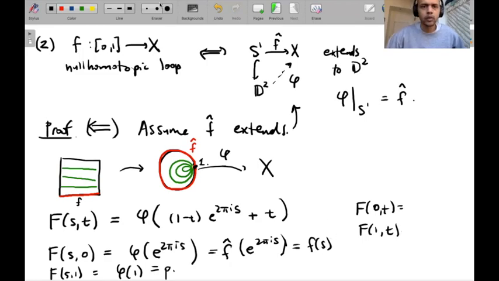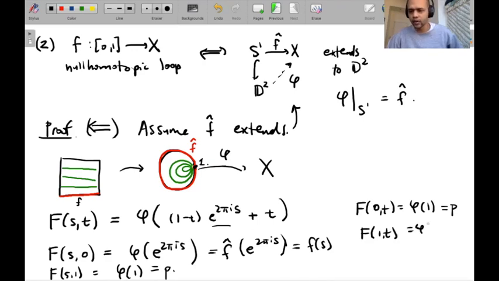So, well, let's just see what this expression gives. So f of 0,t, when we plug in s is 0, this term becomes 1, and we just get phi of 1 is p. And similarly, f of 1,t is also, so now this is still 1, phi of 1 is p.